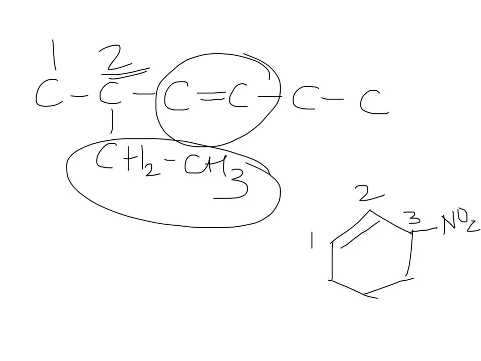Don't name it as 1, 2, 3, 4, 5, 6. In this case your substituent is getting the high number, so don't name it like this, but name it as 1, 2, 3, so that your substituent is getting the lowest number. And this is true for both alkenes and alkynes as well.